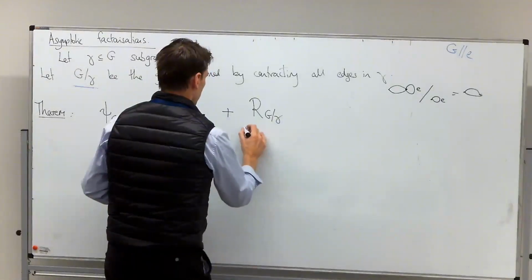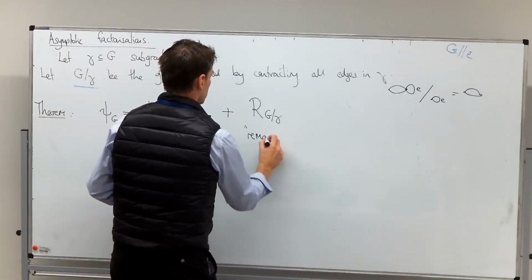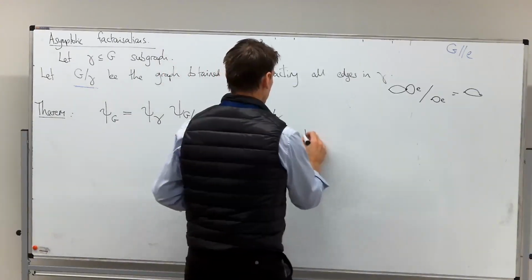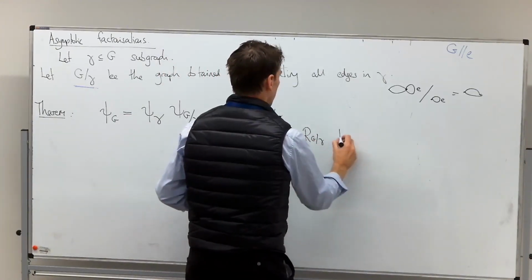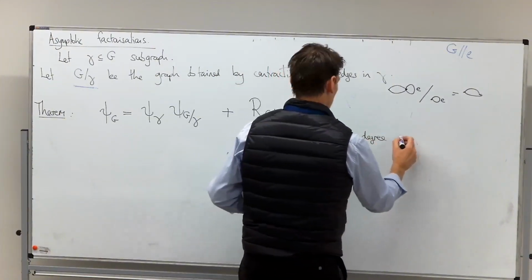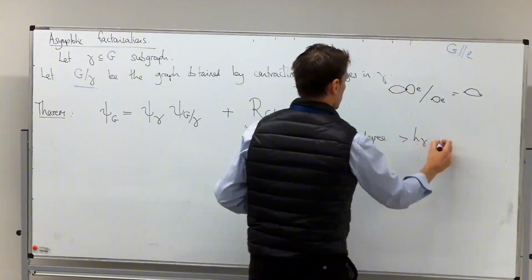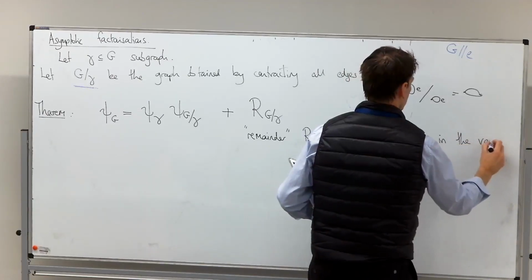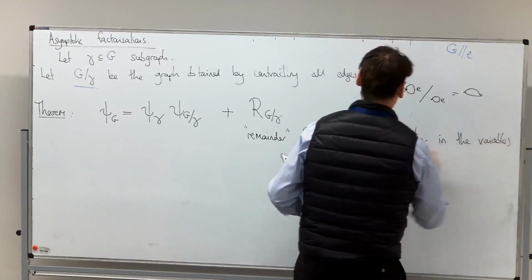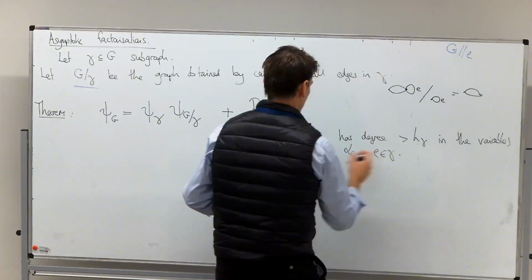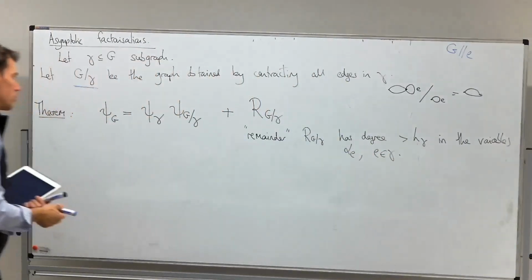This is the remainder, and it's given by the property that it has degree greater than h gamma in the variables alpha e for e in gamma. So what's happening here?